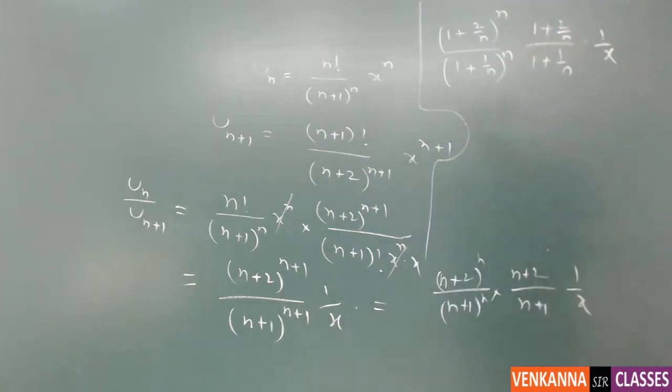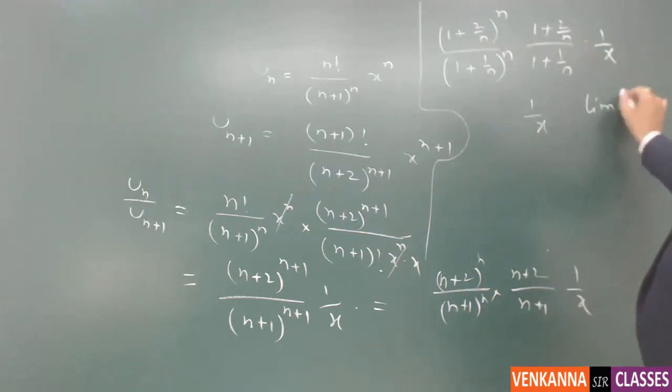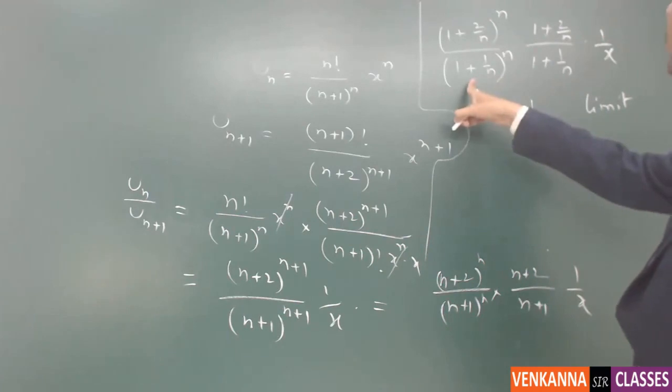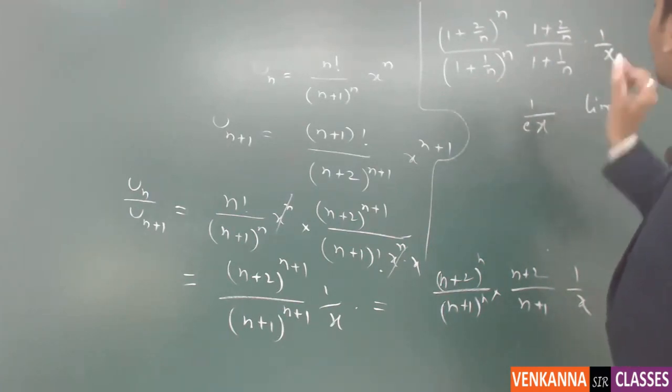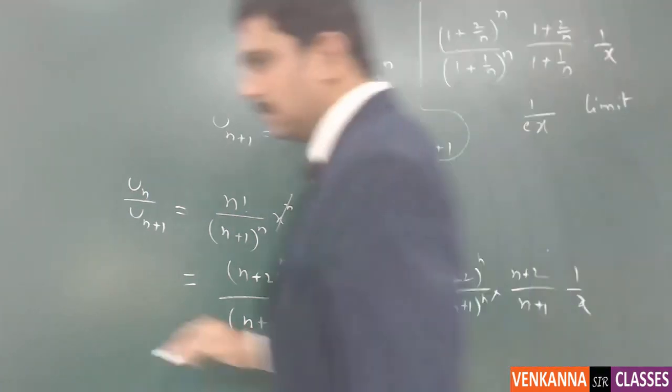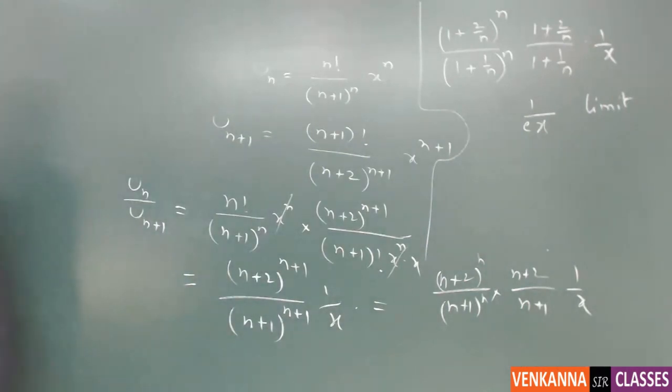So if you apply the limit, it will be 1 by x. And here you have e, 1 by ex. Am I correct? The limit part. Did you get the same one or you have a different one? Please tell. Do you have the same limit part, 1 by ex?